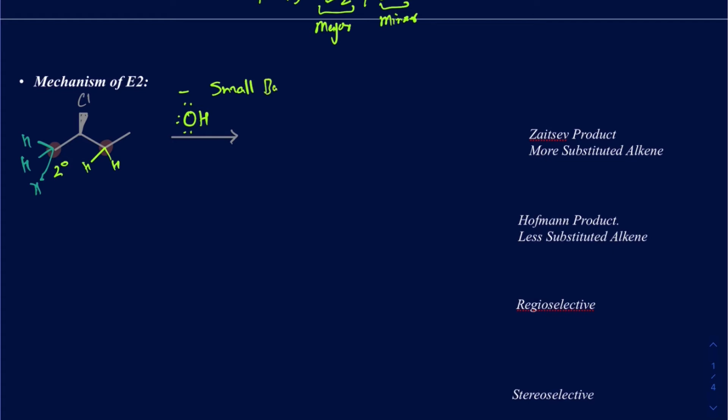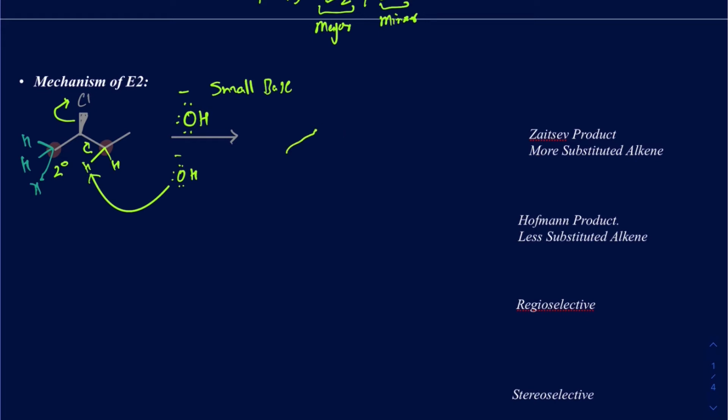Since this is a small base, it's going to go in there to grab one of these protons on the right carbon, and then this goes in there to create the double bond, and that's going to leave. In the process, it's going to make this alkene that's going to be more substituted.